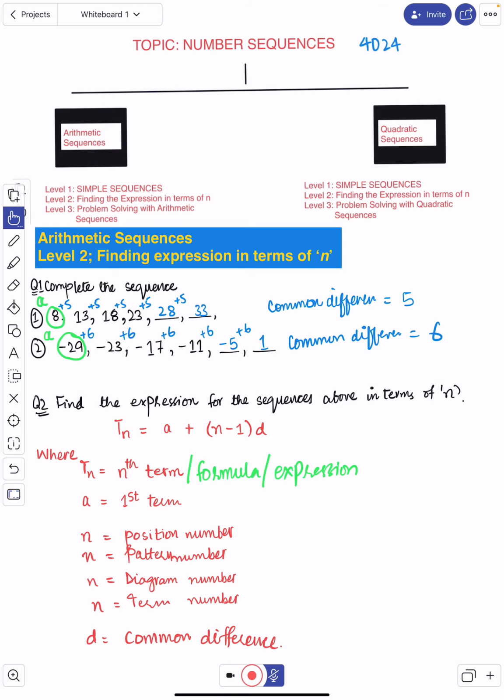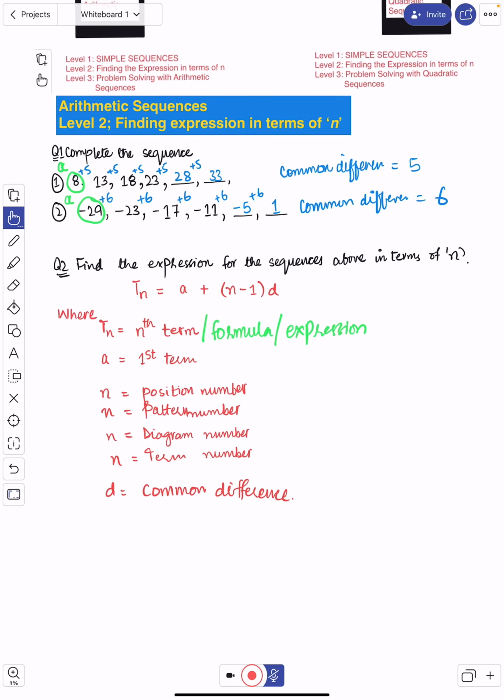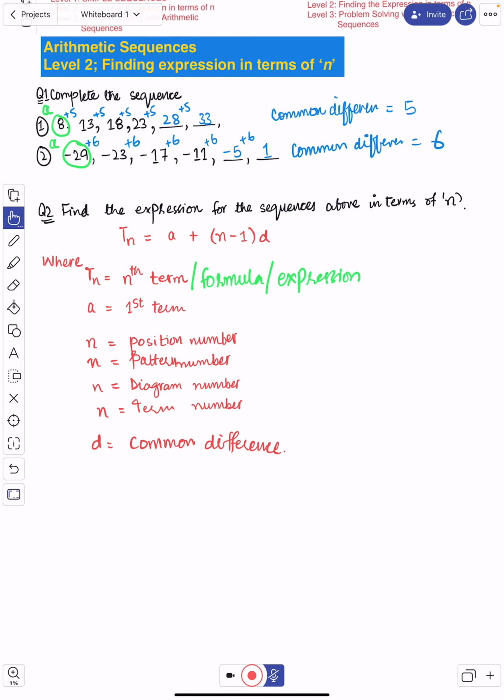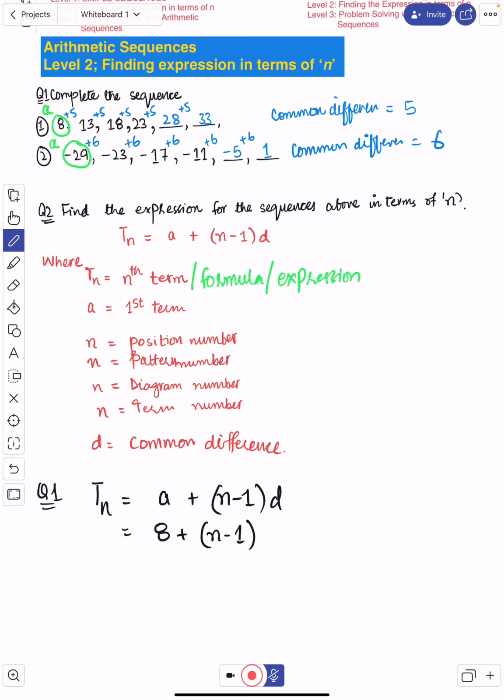And now how we are going to use this formula in order to find the expression of sequence number 1. You can see here, we write first of all Tn is equals to a plus n minus 1 times d. Our a is 8, n minus 1 is as it is, down in the bracket, and your common difference is 5.